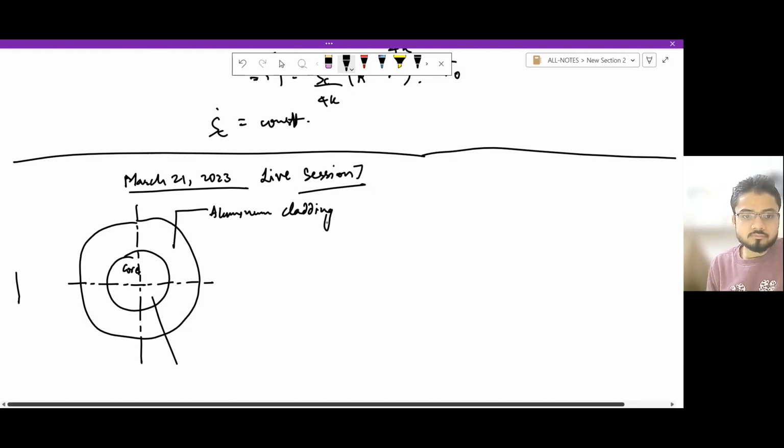And this is the core, that is the fissionable material. Inside this aluminum cladding, what you've got is the core made of a fissionable material like uranium or thorium or whatever you might have.